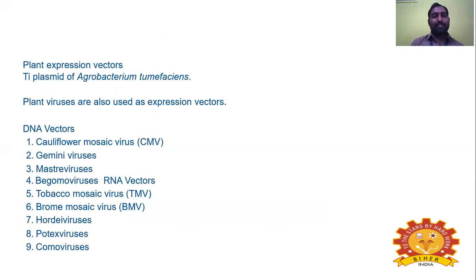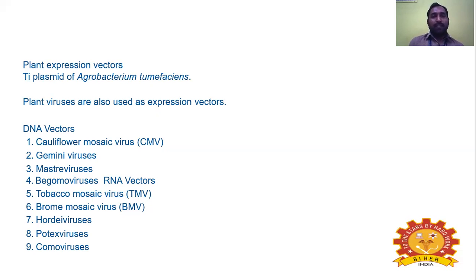So these are a few examples of plant expression vector systems which are used frequently. If you see the plasmids, that is the expression vector system, the Ti plasmid of Agrobacterium tumefaciens. This is one of the important vector systems which is frequently used and applied in many transgenic plants.